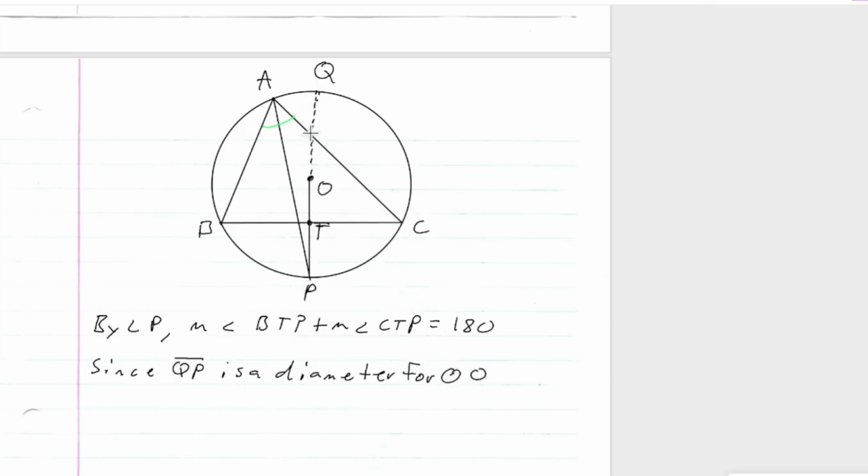Clearly, QP is a diameter because it is a chord that goes through the center, right? We know that the measure of arc QBP is equal to 180, which is equal to the measure of arc QCP.